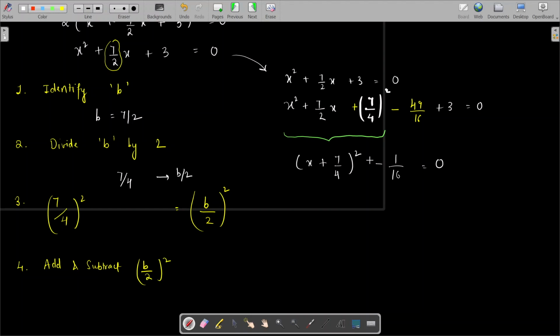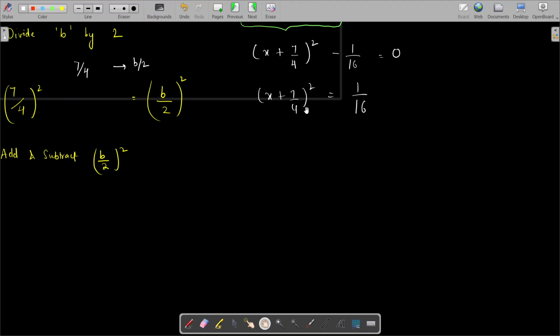Now we can add 1 over 16 on both sides to get this. And if the square of something is equal to something, then x plus 7 over 4 is equal to positive square root or negative square root.